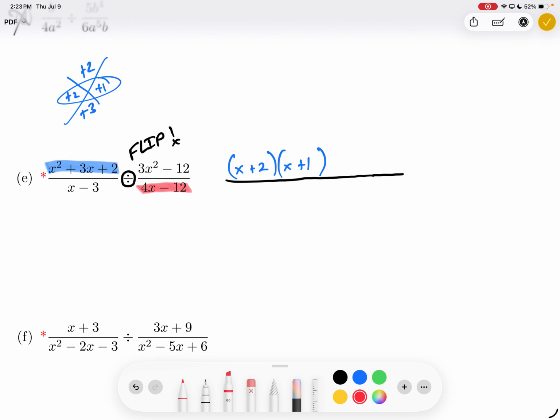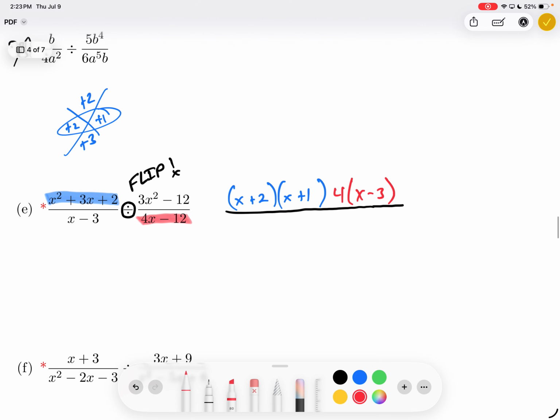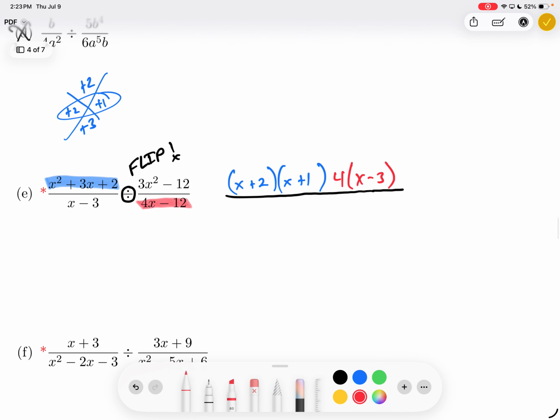If I flip that last one, that goes to the top. So I factor out a 4 and get x minus 3. And I've color-coded this too, so it's always upper left is blue, upper right is red.